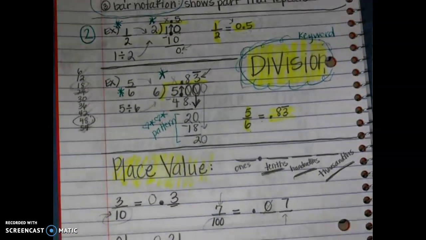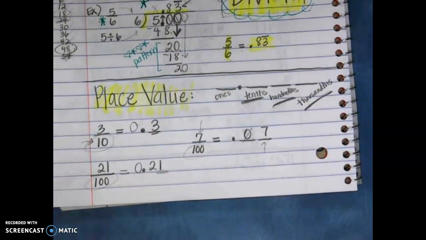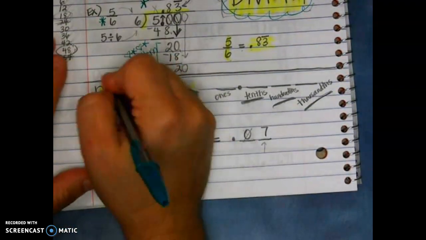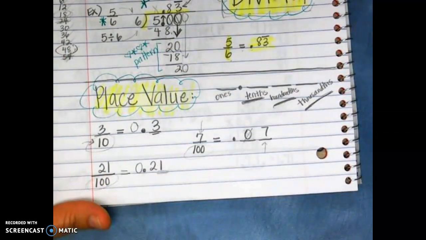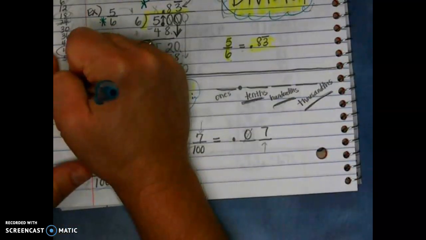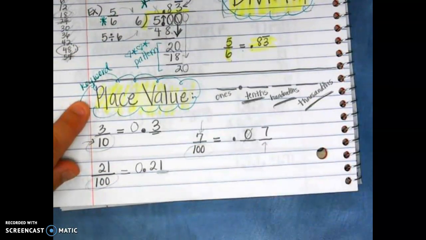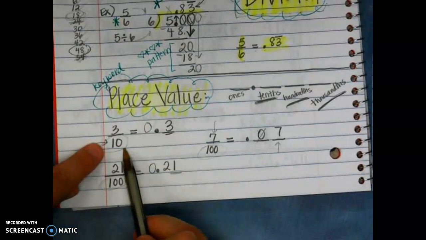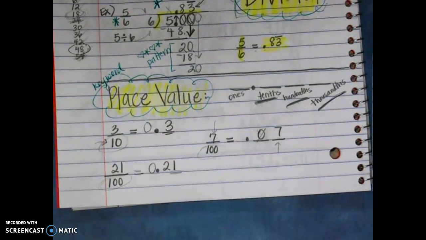The last part of the notes you might find helpful as well. This is only if the problem is lucky and place value can help you. This method does not work all the time. This is a keyword. The place value method only works if there are tenths, hundredths, thousandths, etc. in your denominator.